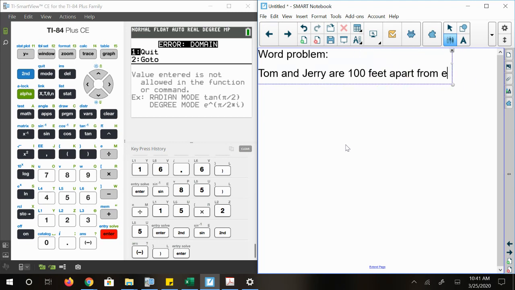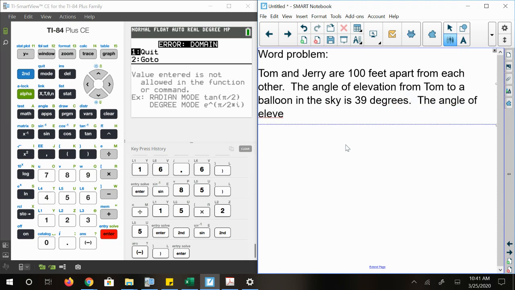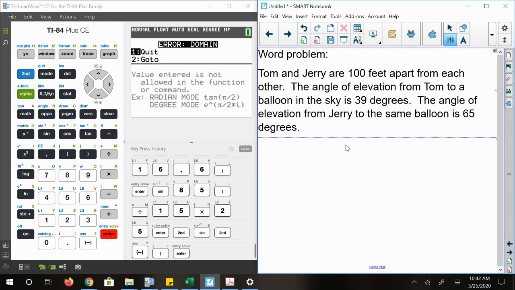Angle of elevation from Tom to a balloon in the sky is 39 degrees. Angle of elevation from Jerry to the same balloon is 65 degrees. How far is Tom from the balloon diagonally?